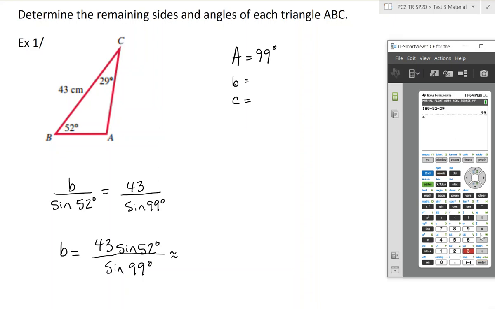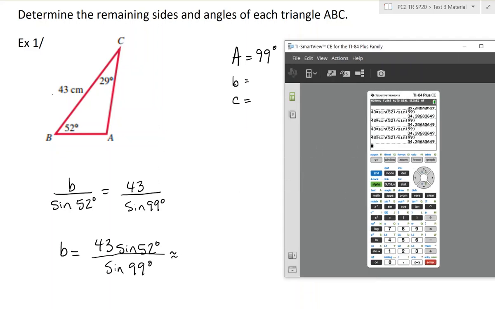You have 43 times the sine of 52. Make sure and close that argument. Divided by the sine of 99. Close that argument, and we get about 34.